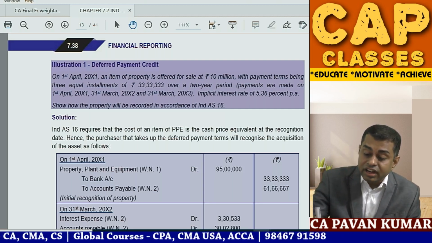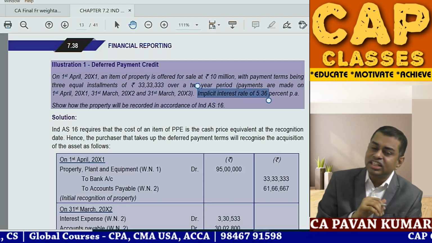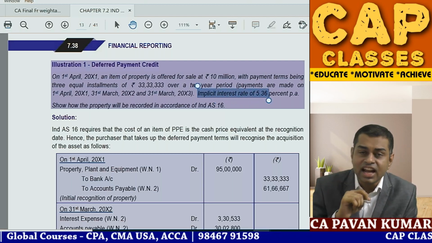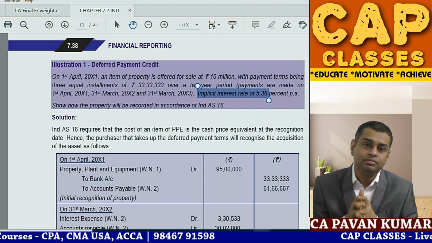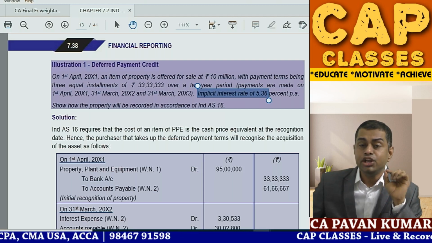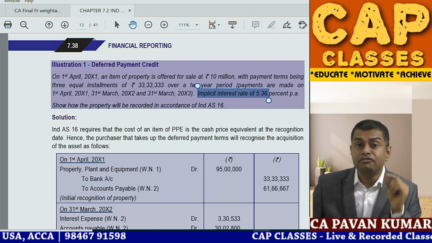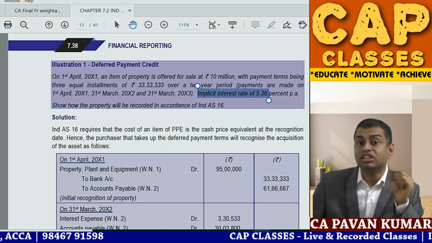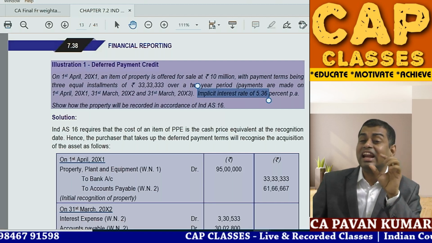Implicit rate of interest. Have you heard this anywhere? Do you remember using this in your CA Intermediate advanced accounting, Accounting Standard 19? In leases, when you were accounting for a finance lease in the books of the lessee, you used one rate.